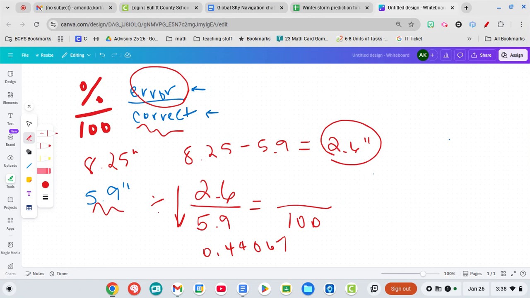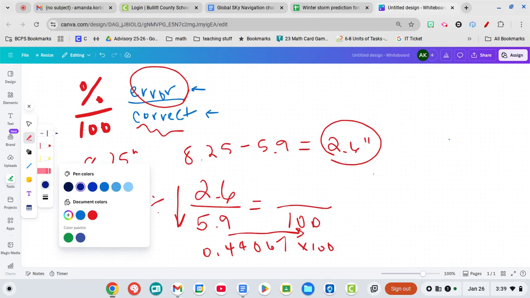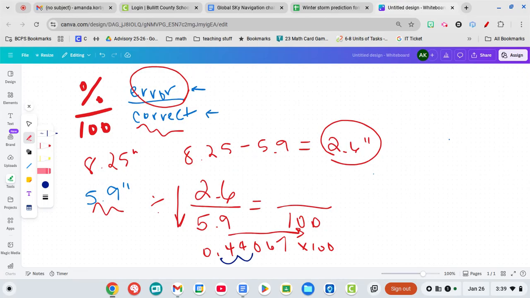And now we're going to multiply by 100. So that looks like moving our decimal over 2 to the right. So that gets us, we'll go to the hundredths place again, 44.07%. So we can see that Mr. Tingle's percent error was 44.07% error.